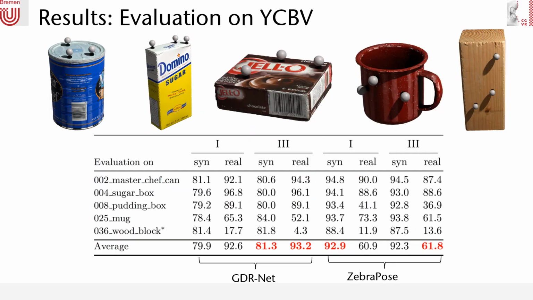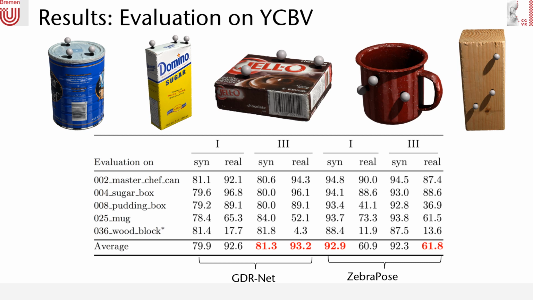We also use the popular YCB-Video dataset for evaluation. Here we placed markers on the objects and created a synthetic dataset. You can see the objects with their markers on the top row. We evaluated on both real and synthetic test sets.